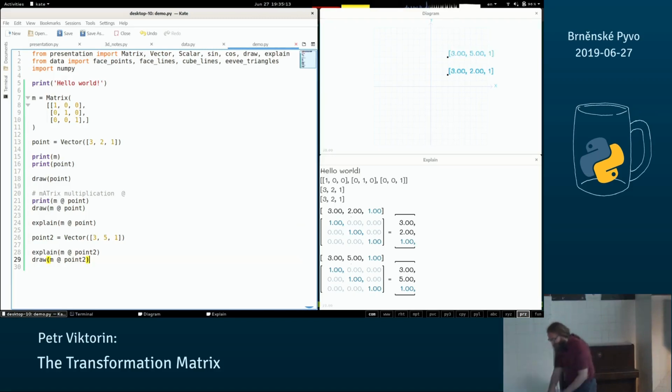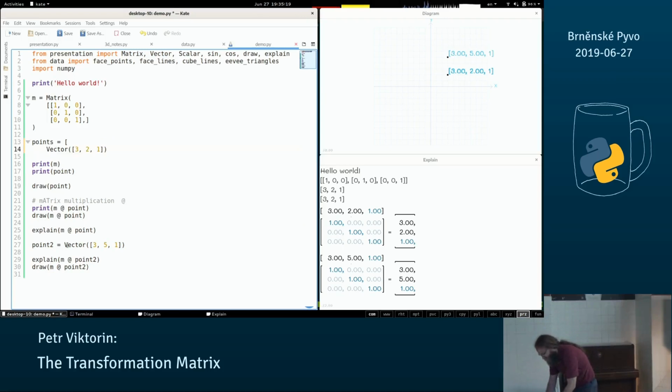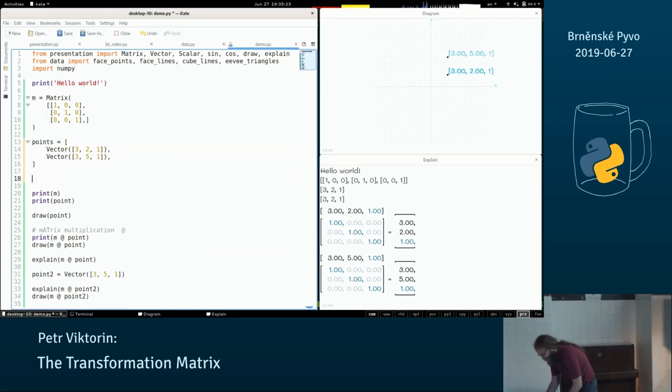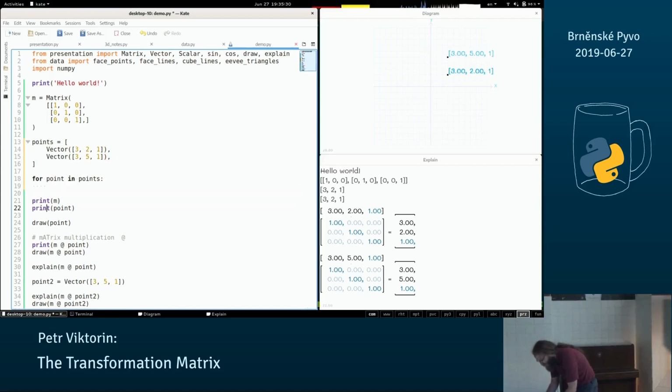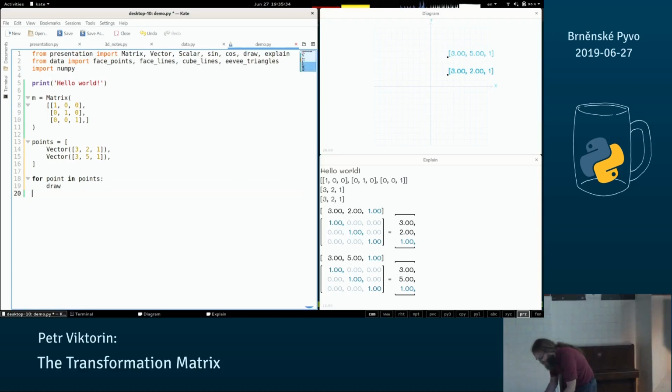Okay, so now I will simplify it. I will do some coding. I will have a list of points, and for each point in these points, I will draw the point.